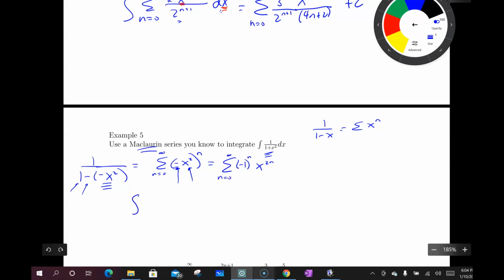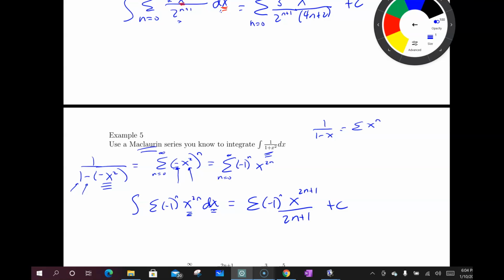All right, so now if I put it in the integral, negative 1 to the n, x to the 2n dx. It's an indefinite integral. Negative 1 to the n carries along. It's just this x term that I'm increasing the exponent on. So put the 2n plus 1 down here, plus c. So I did everything all together.